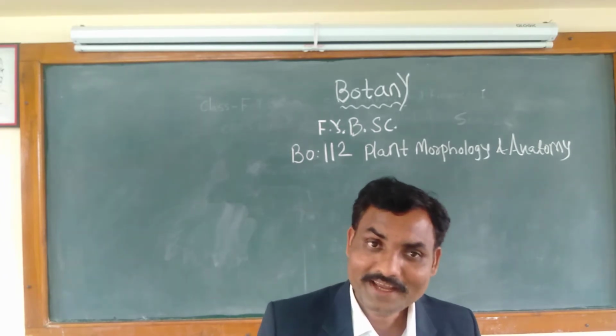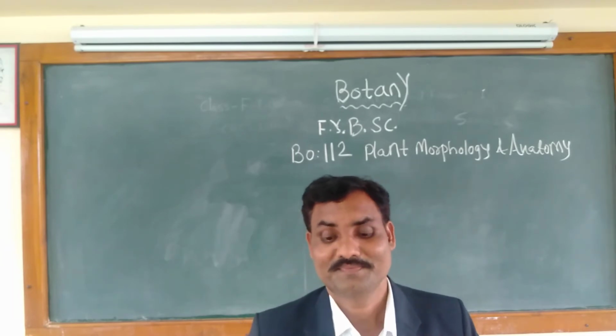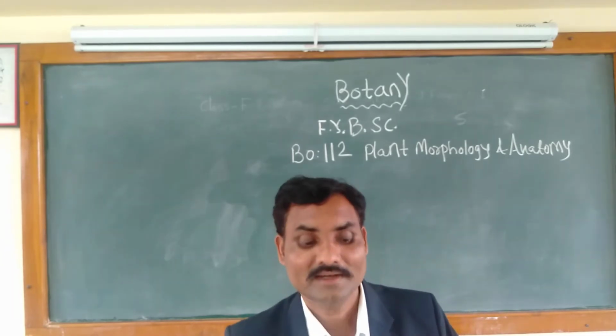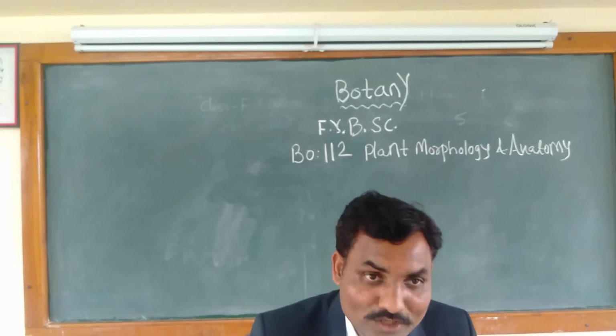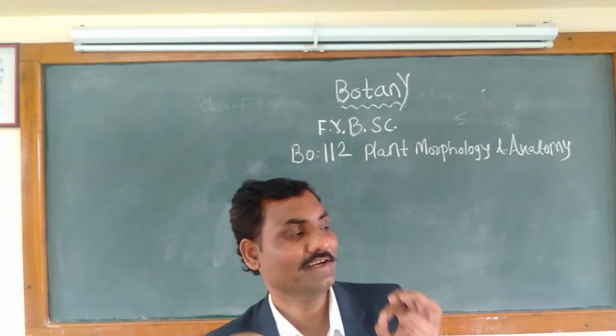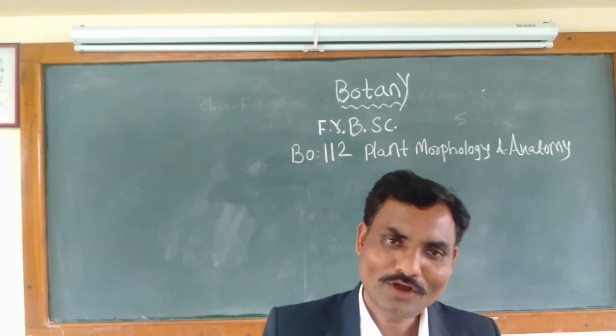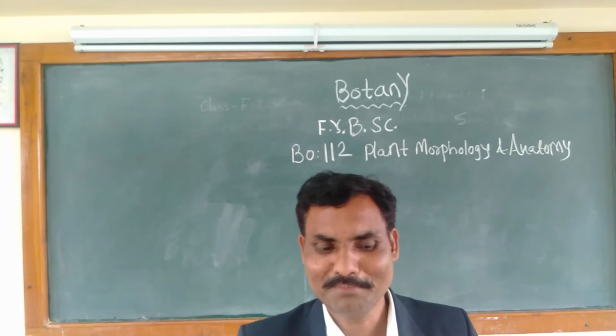Then what about perianth, then what about calyx, what about corolla, about androecium and gynoecium. Those are the different parts of the flower, and we are going to learn about these different parts of the flower.